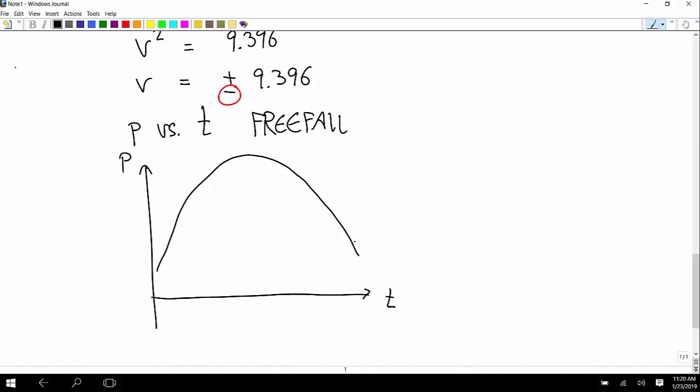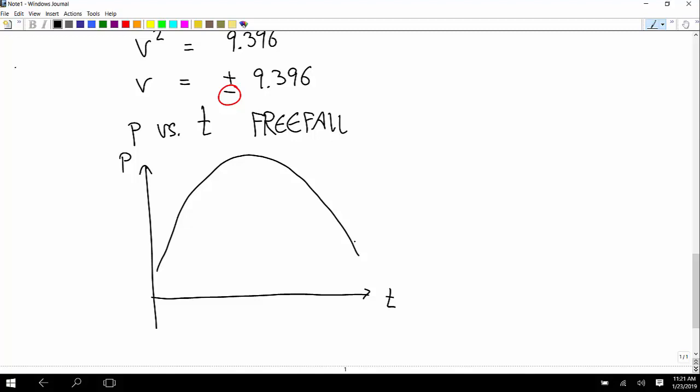But if you do take air resistance into account, like if you graph the vertical position versus time of a baseball, like a home run ball hit by a professional player, it wouldn't exactly be a parabola because the air resistance would mess that up. Any other questions about that one? Okay.